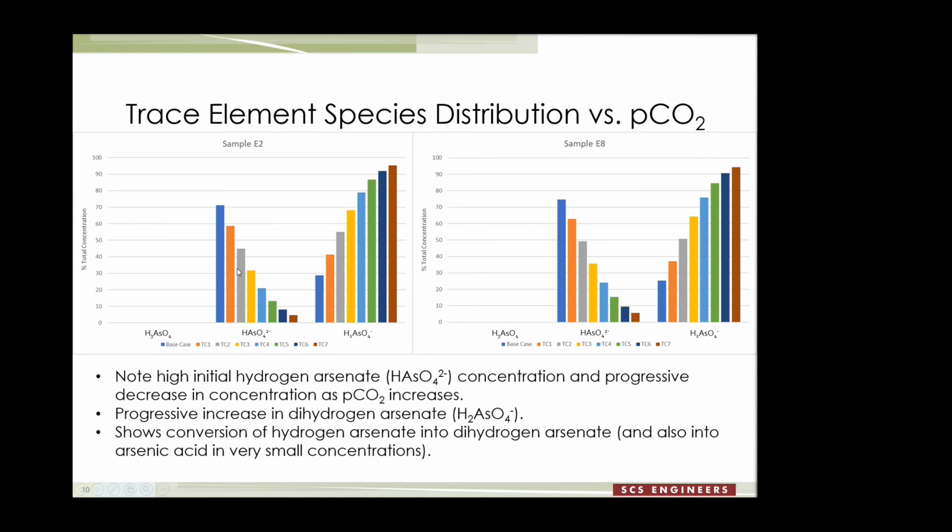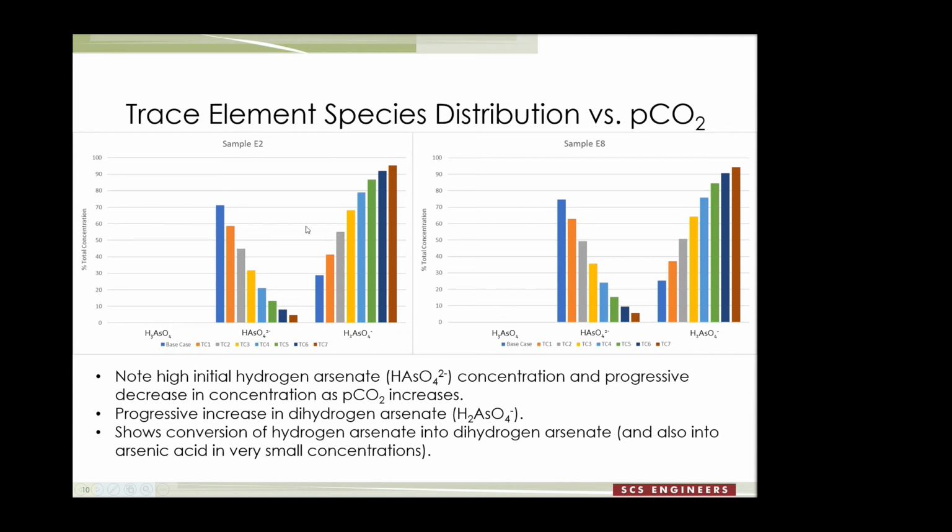As we progressively increase that PCO2 value, we get a decrease in the hydrogen arsenate and an increase in dihydrogen arsenate in both cases. We also get an increase in arsenic acid, which you can't see because the concentrations are so small.